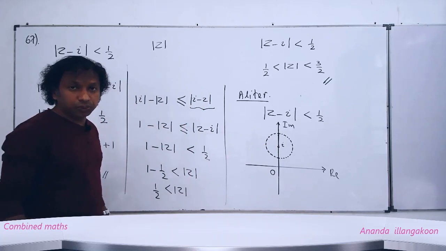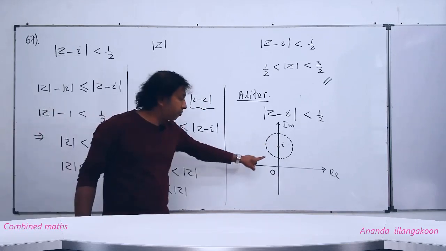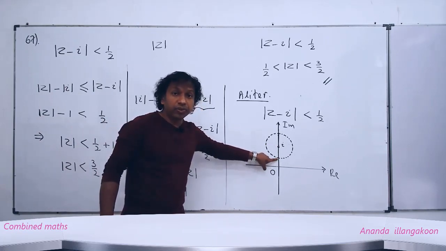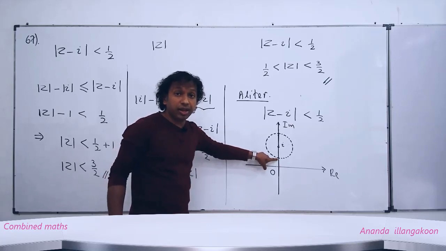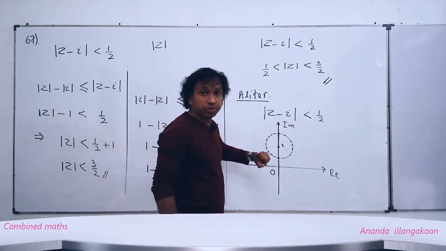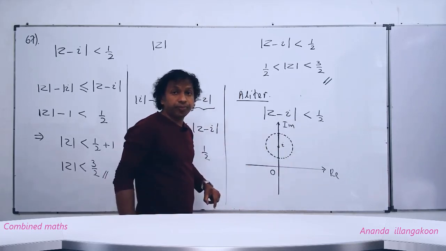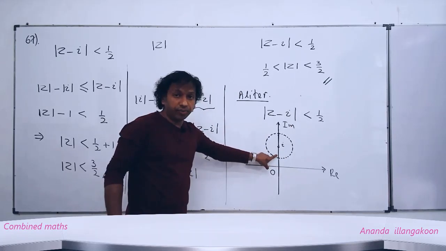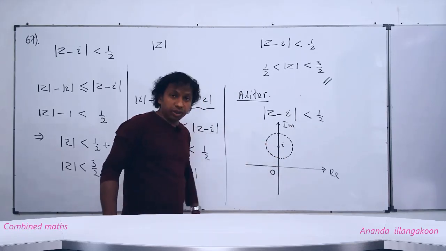maximum is 3/2. Since this point is not on the circle, our z can't be taken at this point, because on the circle region we can't include it, as we don't have an equal sign. So therefore, mod z should be greater than half and less than 3/2.